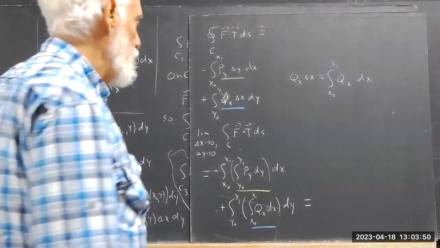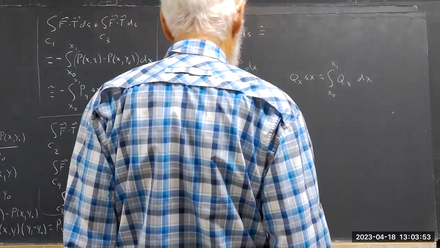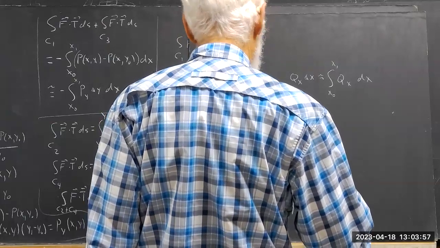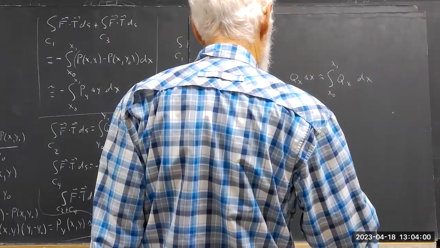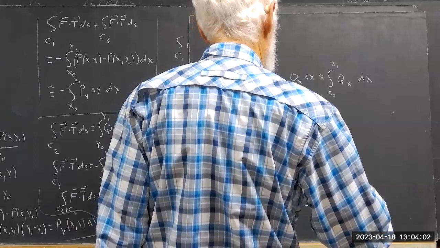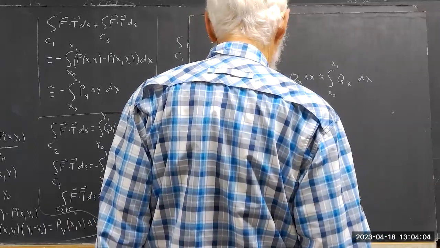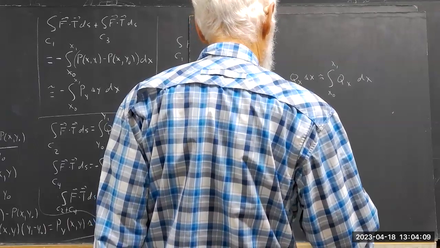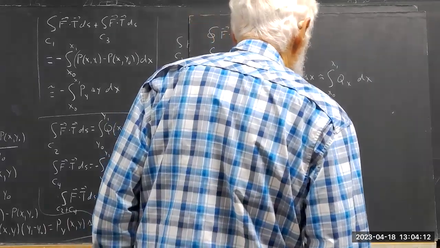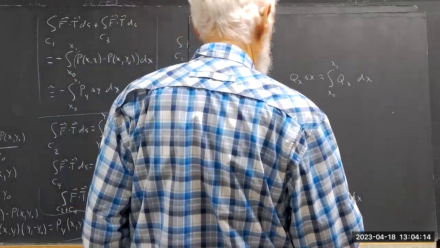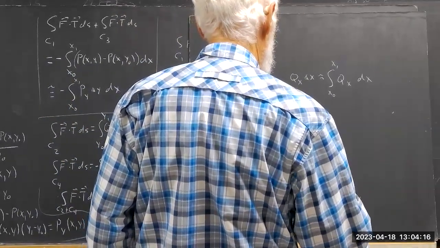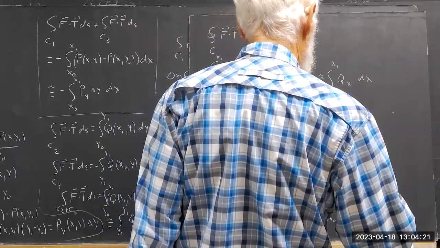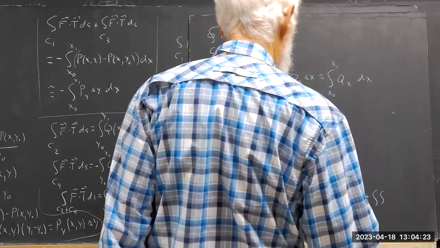Okay, well, that limit becomes negative integral dy dx. Well, to make it double negative, plus the double integral.